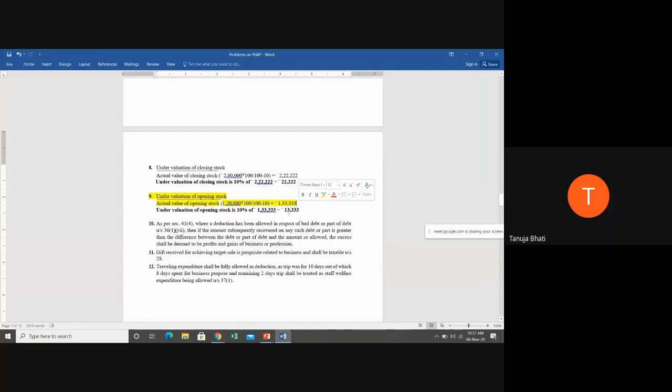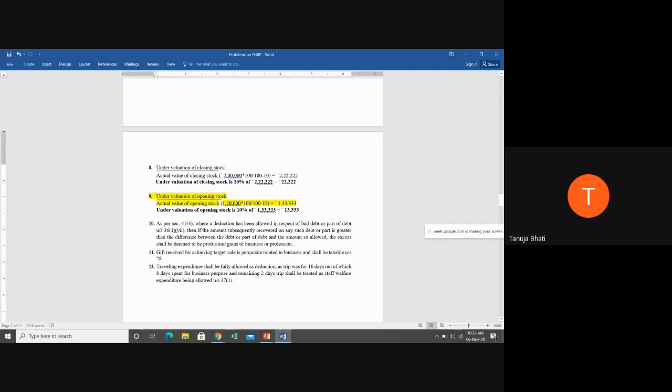Now, we are not concerned with the actual value. We need to know by how much it is undervalued. See, the actual value should have been 1,33,333, but it is shown in the books as 1,20,000. So tell me, students, by how much is it undervalued?